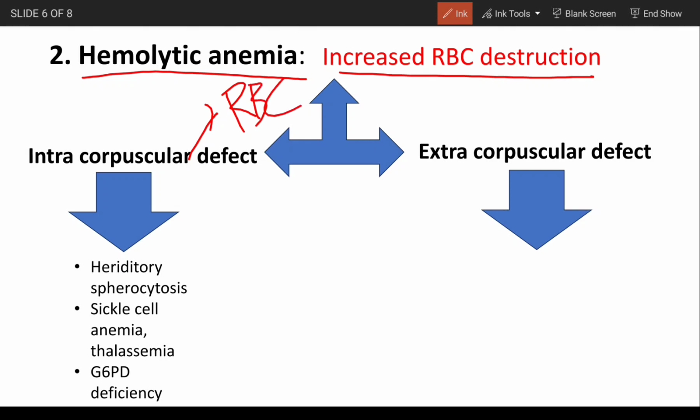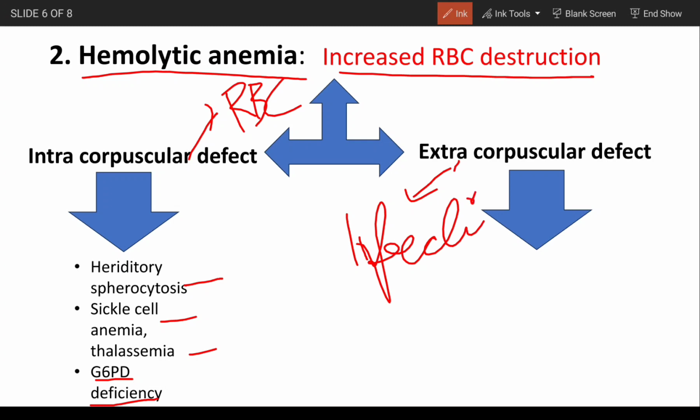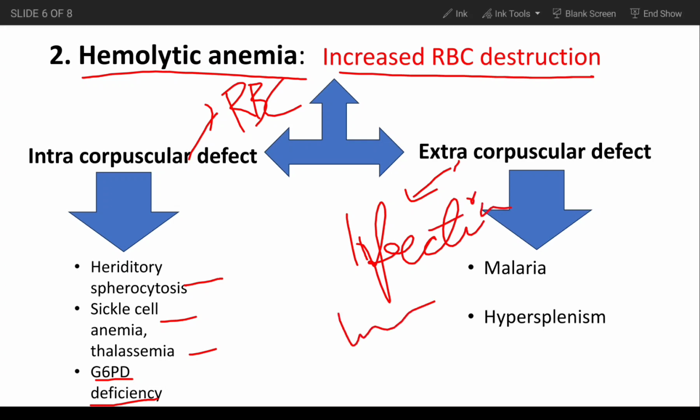So the destruction takes place and causes hereditary spherocytosis, sickle cell anemia, thalassemia and deficiency of glucose-6-phosphate dehydrogenase. And the cells in extracorpuscular defect are destroyed by external factors like infection or immune mediators. So it causes conditions like malaria and hypersplenism.